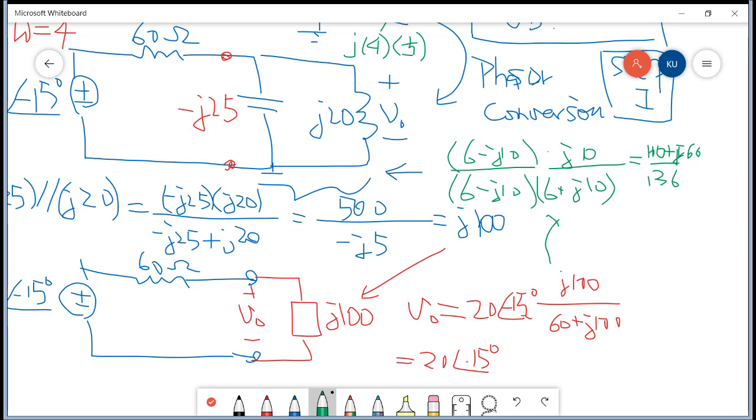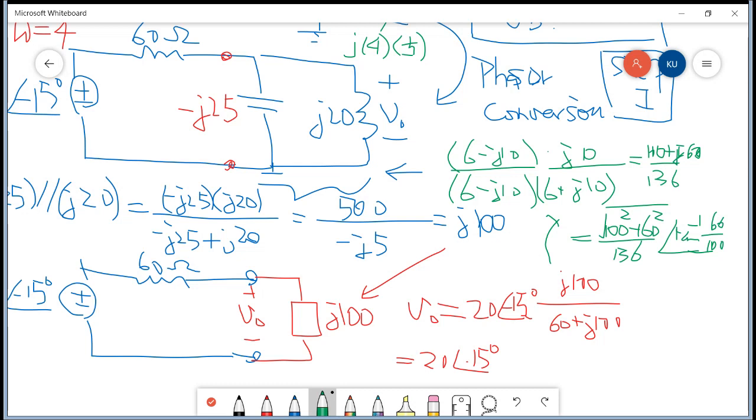So you calculate the magnitude by 100 squared plus 60 squared, take the square root, over the denominator. And the angle would be arctangent of 60 over 100.